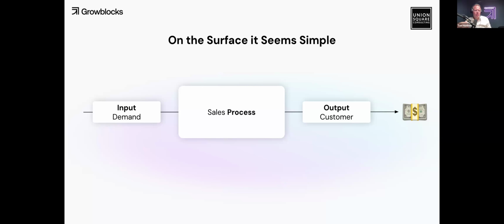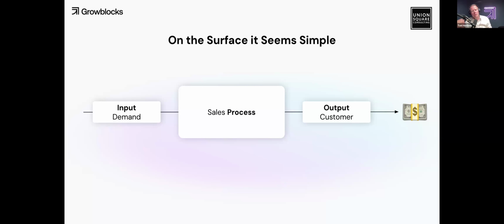How we have previously looked at this, all of us, is that it's just a funnel. It goes from top to bottom, with different stages and steps. This is the first transition for us: instead of thinking about it as a funnel, think about it as a production line with inputs, workings, processing, conversions, if you will, and then outputs coming out.